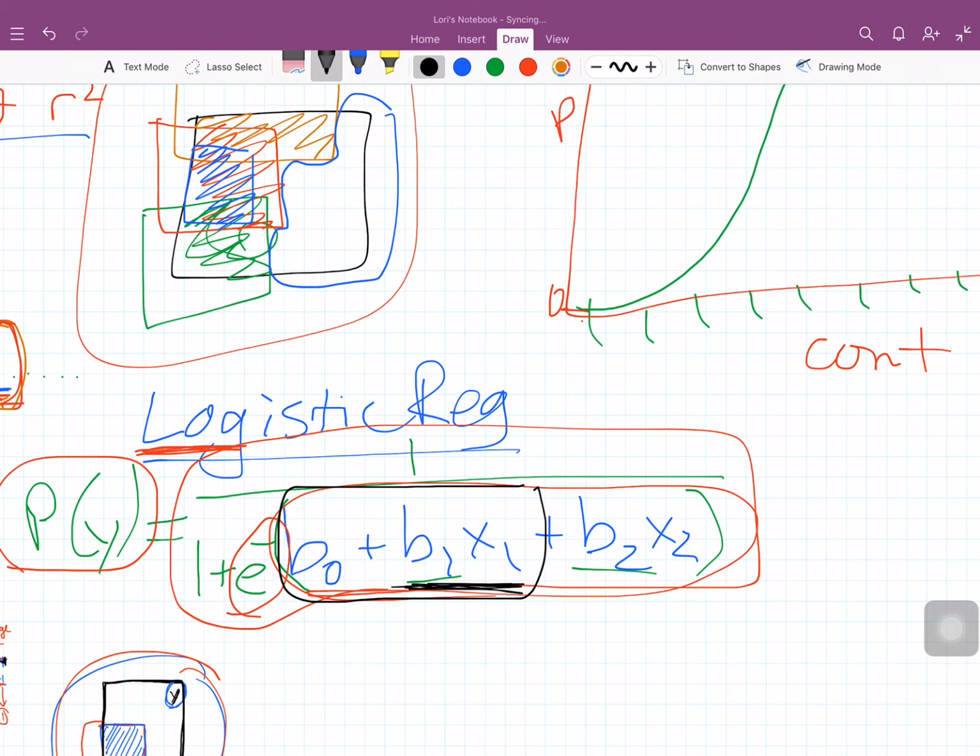Logistic regression and multiple linear regression really are based on the same kind of math underlying behind the scenes, we've just done this transformation. But both multiple linear and logistic regression allow us to add more variables to the model. So I could say even plus beta 3, x3, and on and on and on. I could have 20 variables in a particular model.